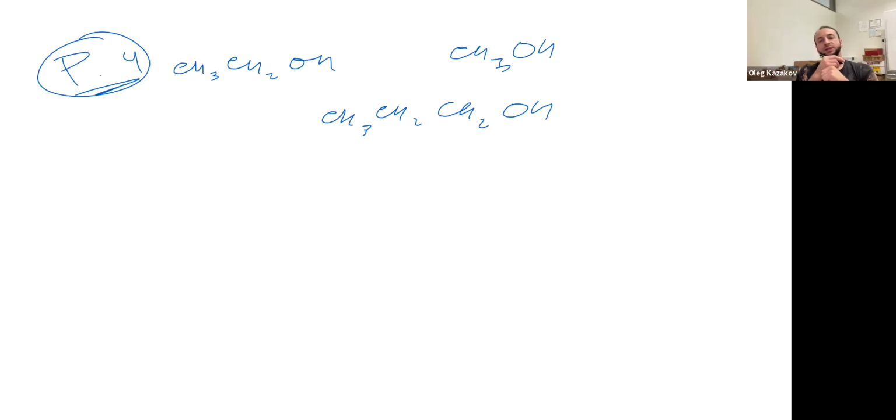For example, the boiling point of heptane, 7 carbons, will be much higher than the boiling point of ethane, 2 carbons.